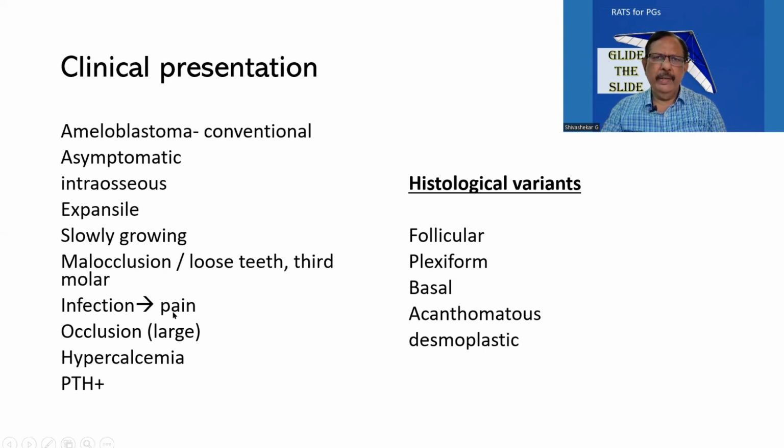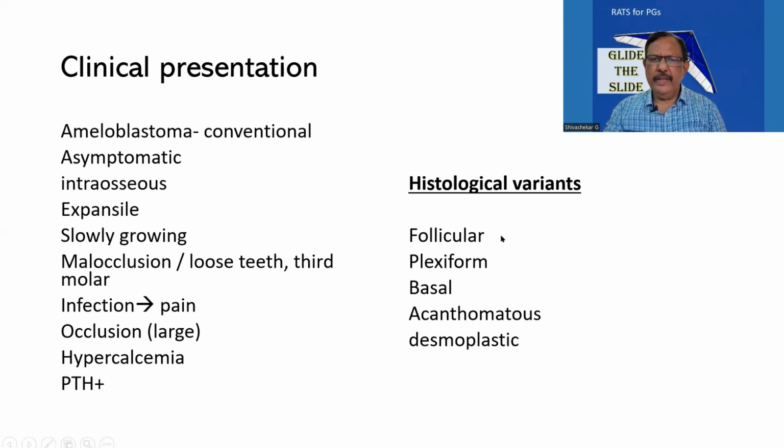Infection and pain can be the precipitating factors for the patient to come to the doctor. There can also be a hypercalcemia because it is intraosseous, therefore there can be a degeneration of the bone leading to a hypercalcemia. Similarly, parathormone can also be raised. Both of these go hand in hand.